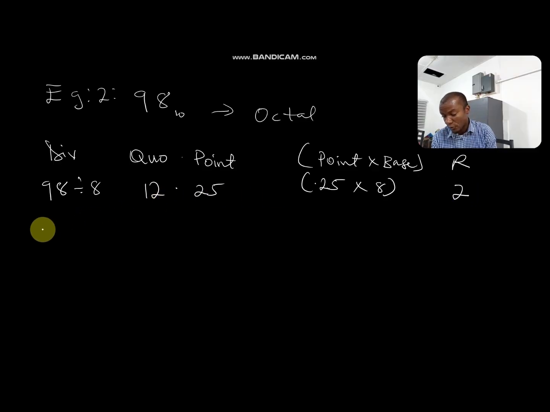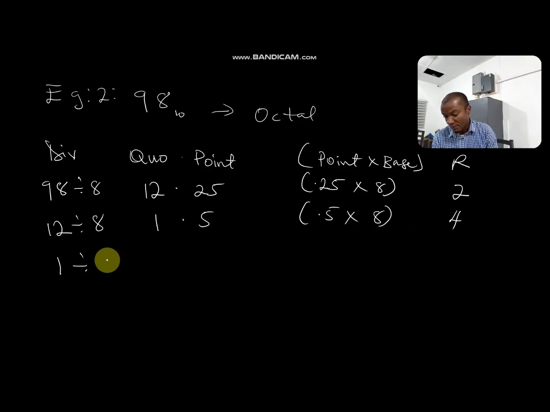Now bring my quotient here, 12 divided by the base, which is 8. 12 divided by 8 will give me 1.5. To get the r, 0.5 times the base, which is 8. 0.5 times 8 will give me 4. Now I bring the 1 here, divided by the base, which is 8.